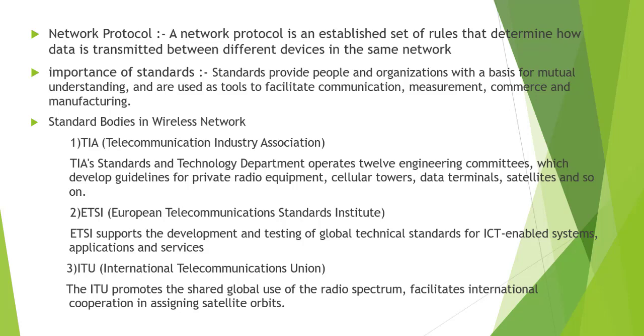TIA is the Standards and Technology Department that operates dual engineering committees which develop guidelines for private radio equipment, cellular towers, data terminals, satellite telephone terminal equipment, accessibility, VoIP devices, structured cabling and data centers, mobile device communication, multimedia multicast, cellular vehicular telematics, healthcare ICT, machine-to-machine communication and smart utility networks.